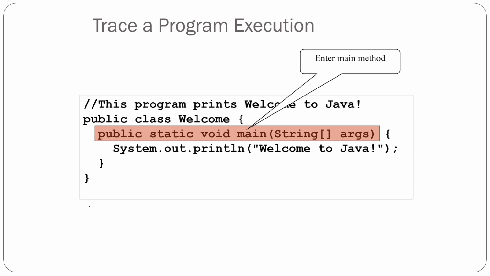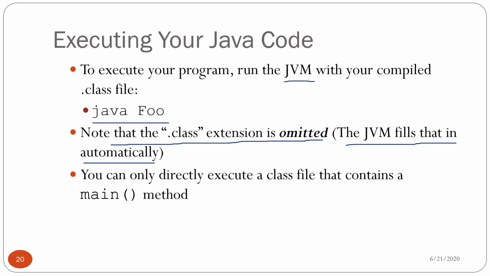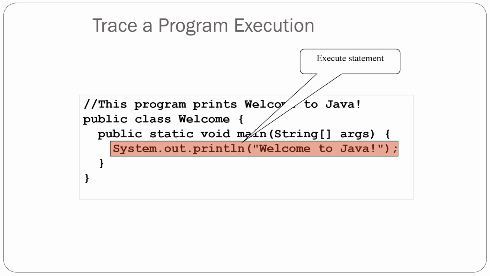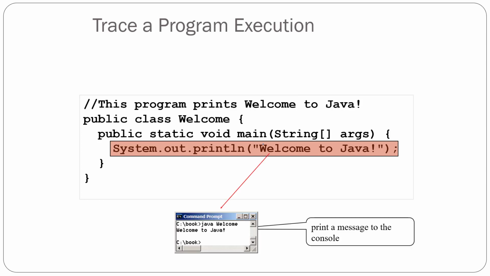If you want to see how this program ran, let me give you some animation. When you say java foo, the first place the JVM will go is the main method, and from the main method it will run the first statement, and after that you get the output.